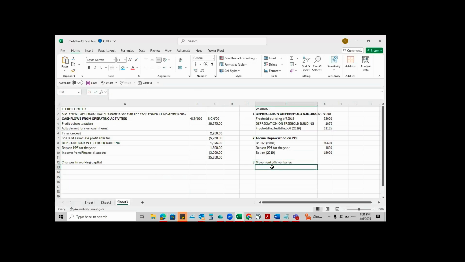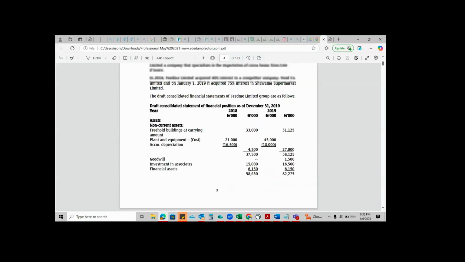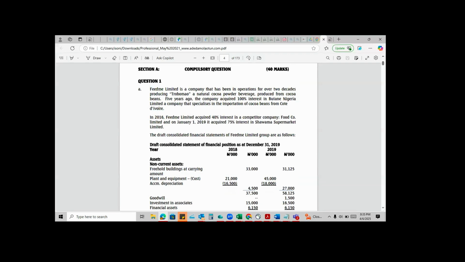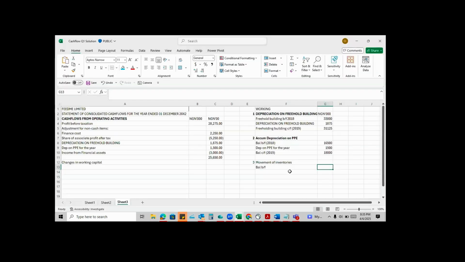Now, balance brought forward was how much? Is it 15,000? I think 2019 is on the right. Let me see the alignment. 2019 is to the right, 2018 is to the left. Okay. So 15,000.